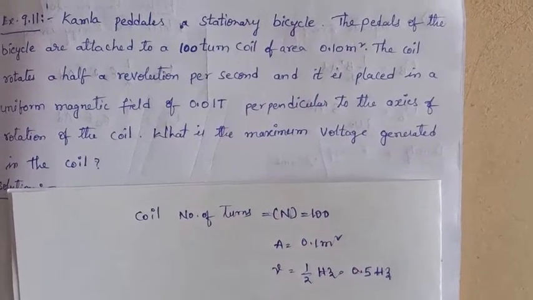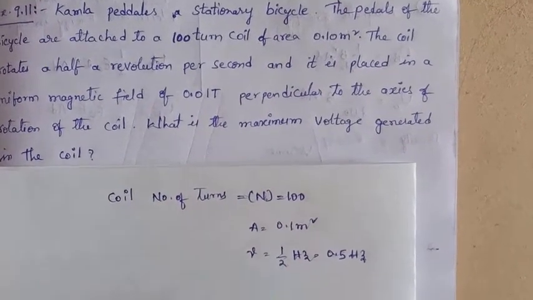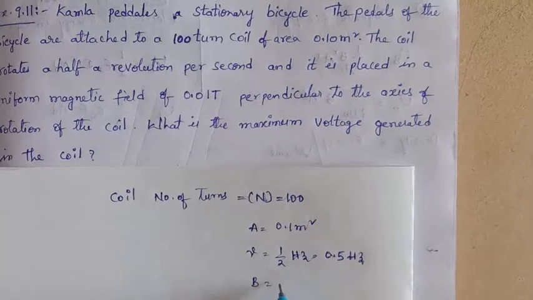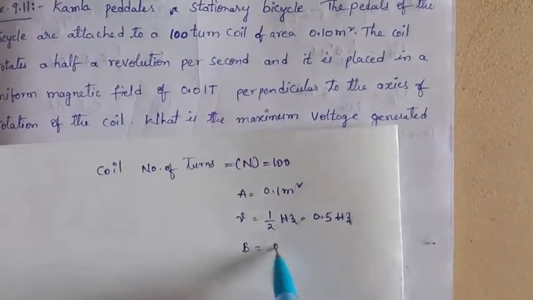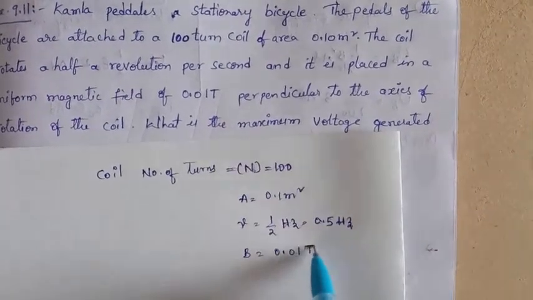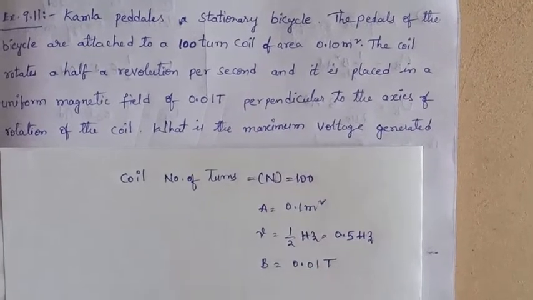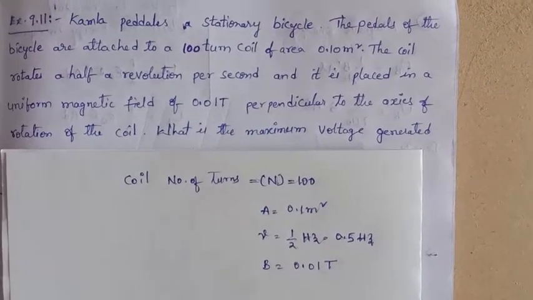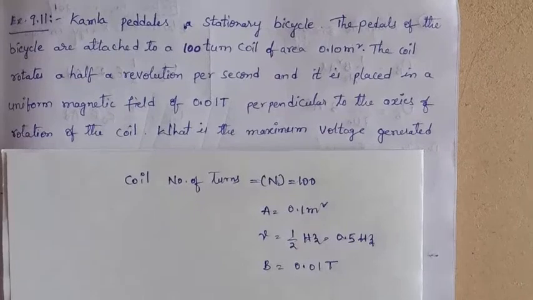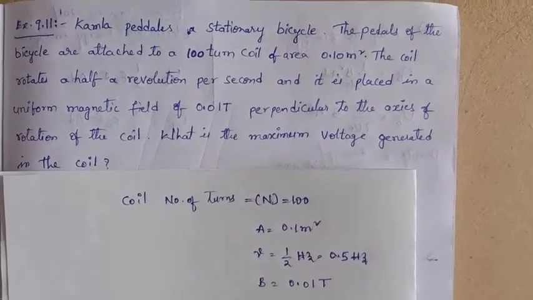And it is placed in a uniform magnetic field, B is equal to 0.01 Tesla, placed perpendicular to the axis of rotation of the coil. What is the maximum voltage generated in the coil?